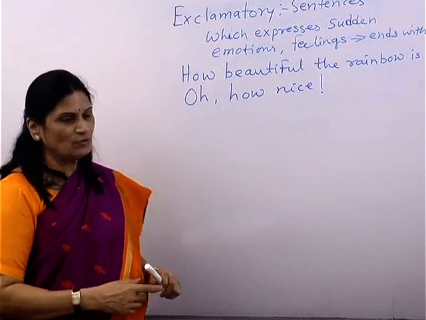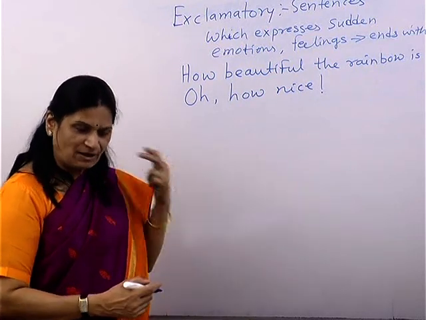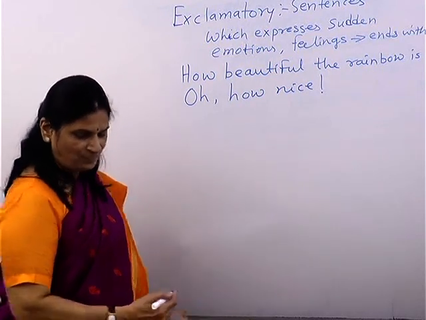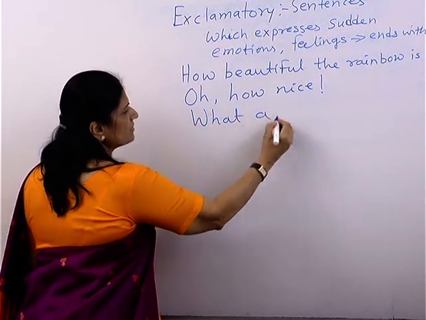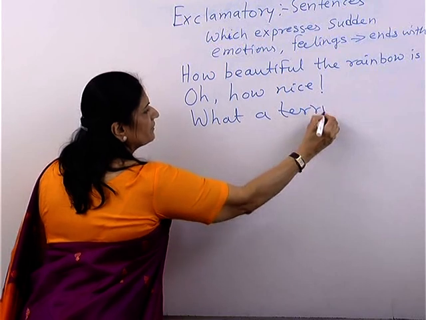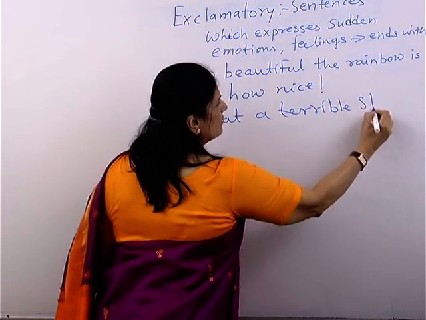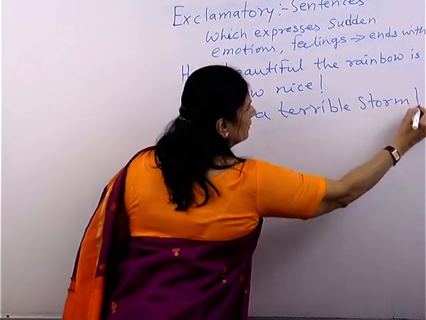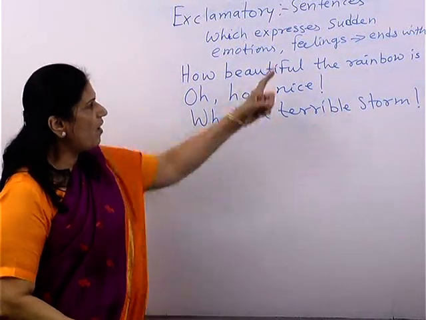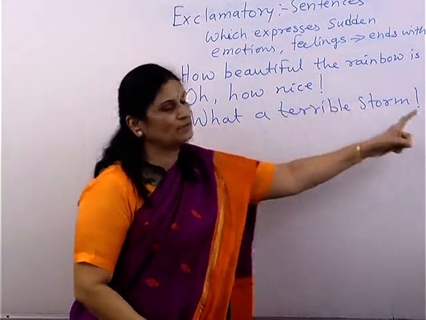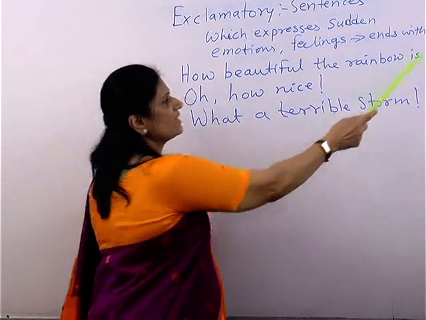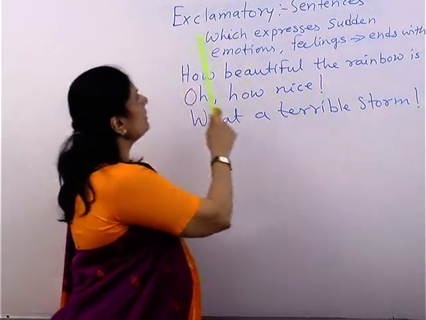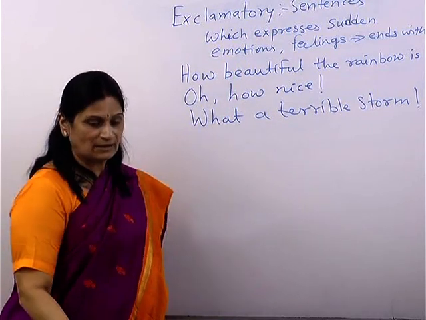I'm writing one more sentence for you, which will definitely give you the clear idea. And here it is. What a terrible storm. So all these sentences, you might have noticed, ends with an exclamation, and this exclamation tells me that this is exclamatory sentence.